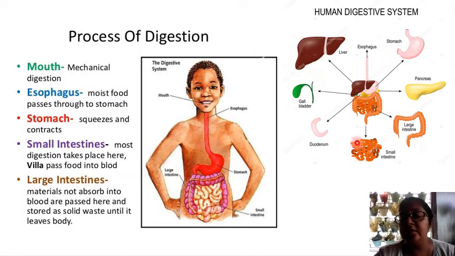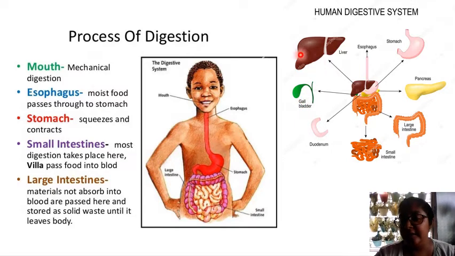Now coming to the human digestive system, we have the liver. We'll start with the mouth. Actually, the digestive system, or the alimentary canal, starts from the mouth and ends at the anus. So it starts with the mouth, the esophagus, the stomach, the pancreas, large intestine, small intestine, duodenum, gallbladder, and the liver.